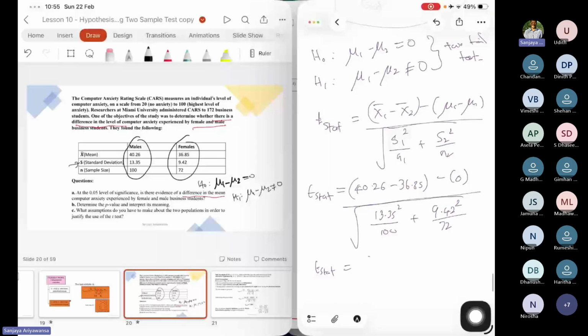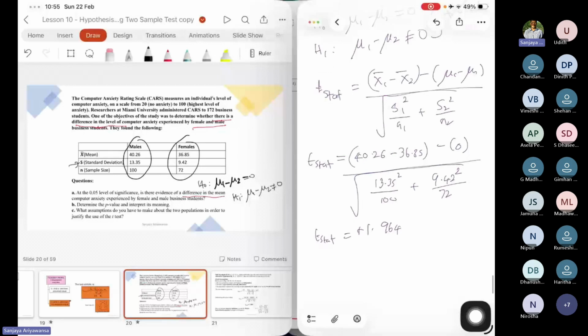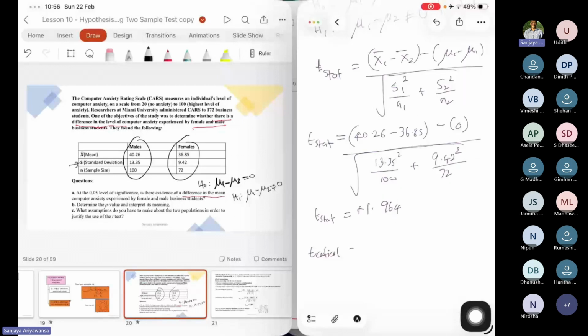Now we come to calculating the t critical value. Alpha is 0.05 and it's a two-tailed test. So it's t alpha divided by 2, comma degrees of freedom.